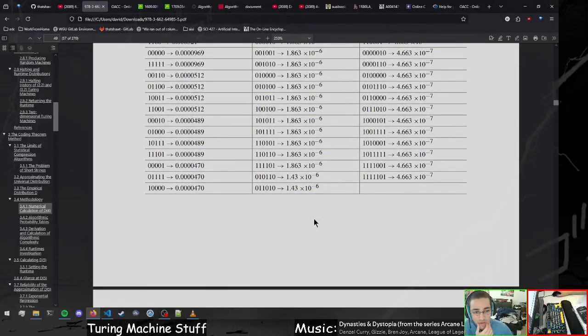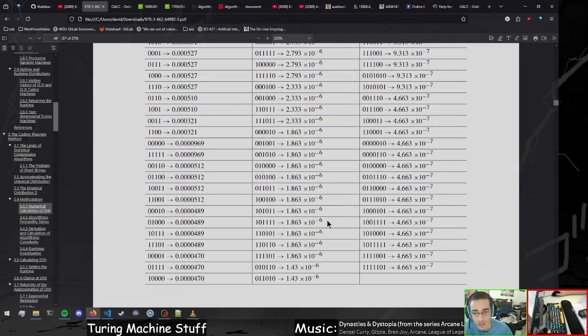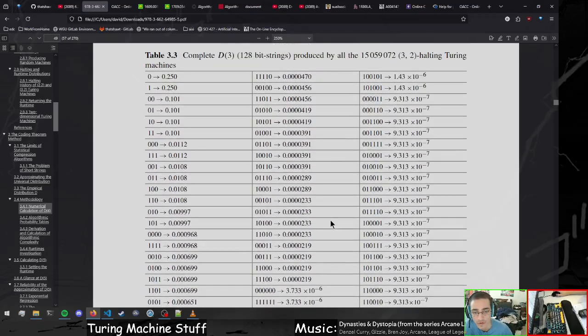So that would be the maximum. 1, 2, 3, 4, 5, 6, 7. 2 to the 7 is 128. That is true. I just want to make sure that I have all the same strings that they have.